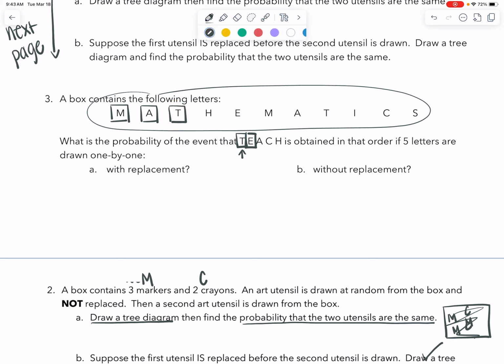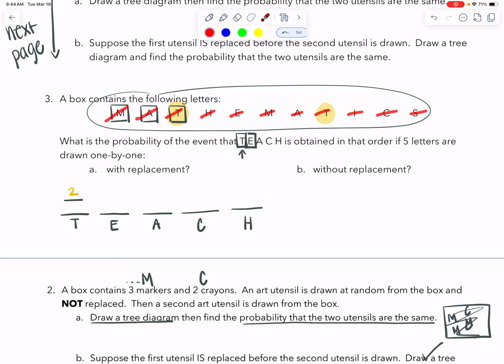And I'm looking for T, E, A, C, H. Now, the probability of T is going to be 2, because there's 2 T's, out of a total of 1, 2, 3, 4, 5, 6, 7, 8, 9, 10, 11.